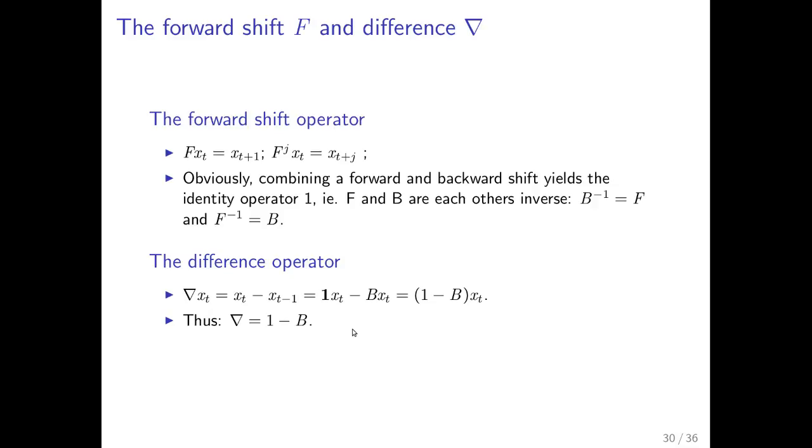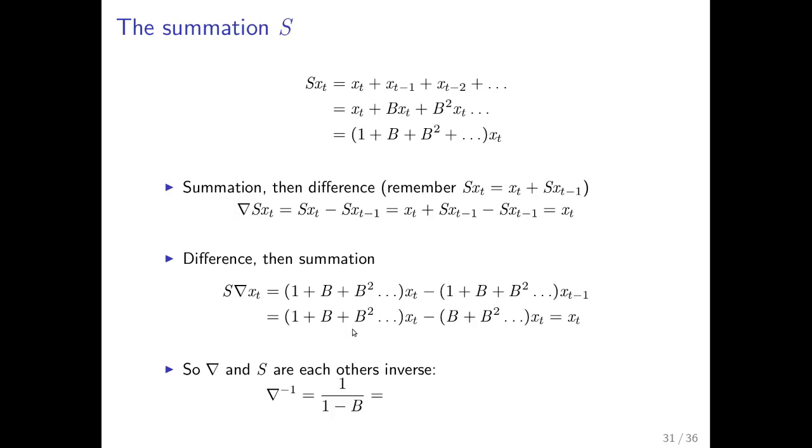Now, the next one is the so-called summation. And summation makes sense. It's a sum of all previous elements in the sequence of the time series. When you apply a summation on xt, you get xt plus xt minus 1 and so forth.